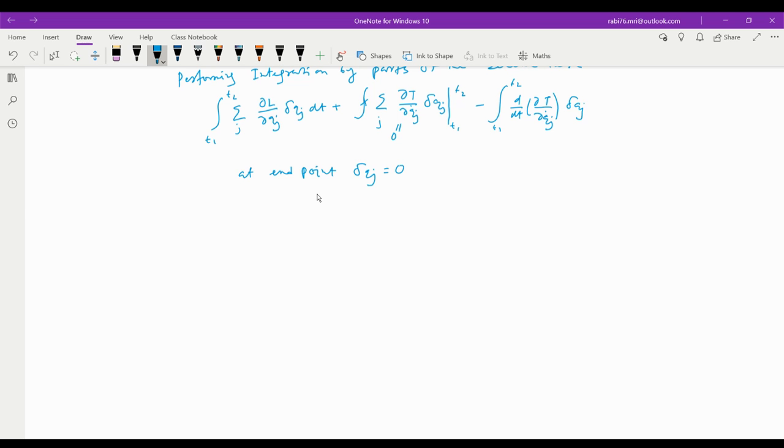So finally we have integral t1 to t2, summation over j, del L del qj delta qj dt, minus integration over t1 to t2 of d/dt of del T del qj dot, delta qj dt, equals to 0.